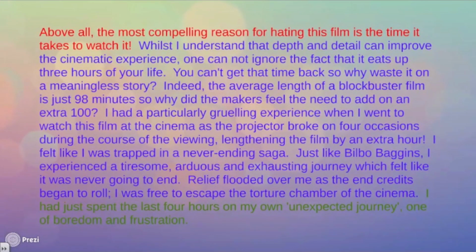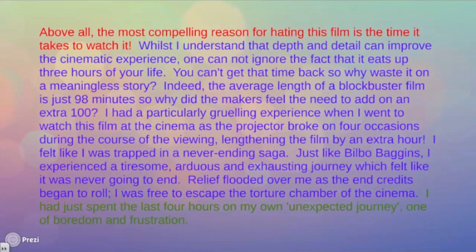Okay, and you will have seen that my topic sentence, which enters the paragraph and explains to the reader that I'm going to be discussing the film, was: above all, the most compelling reason for hating this film is the time it takes to watch it. So the reader immediately knows that I'm going to be discussing the length of the film.